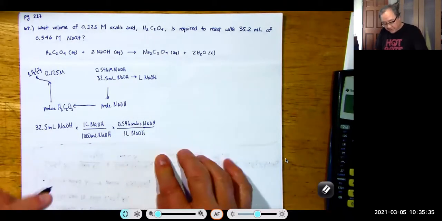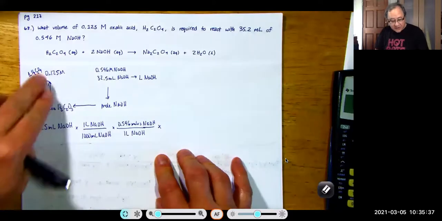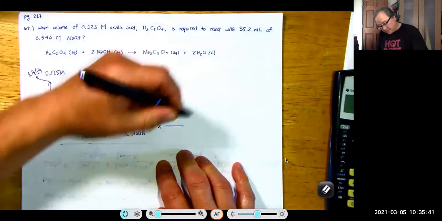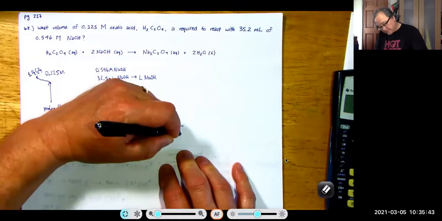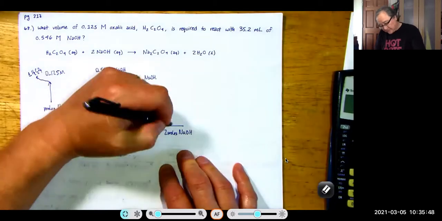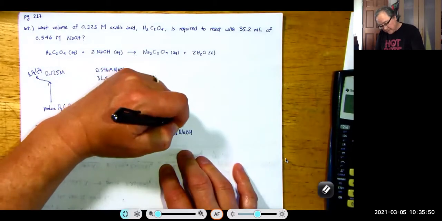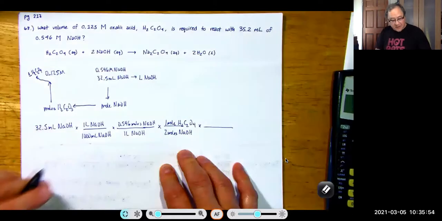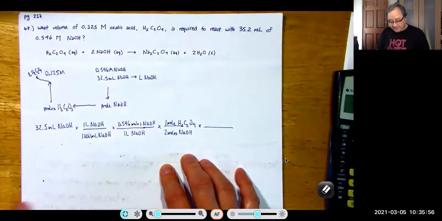It doesn't say M, it says moles, because this M means moles per liter. Okay, now I'm going to multiply by the balanced reaction of 2 moles of sodium hydroxide. That's going to go on the bottom. And 1 mole of oxalic acid. Then I'm going to multiply by the concentration of the oxalic acid.